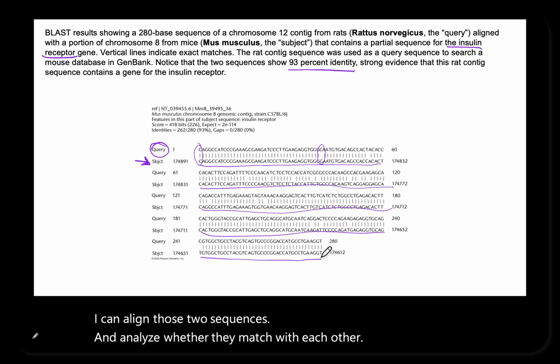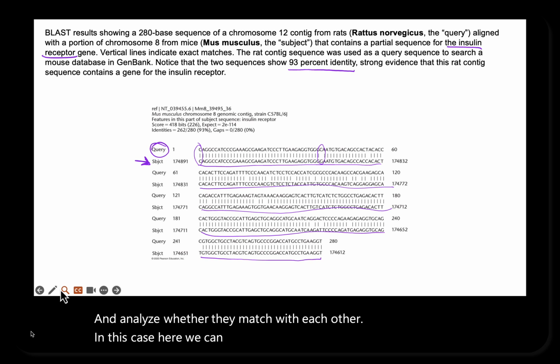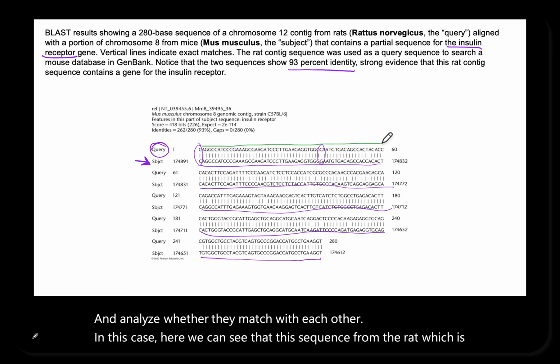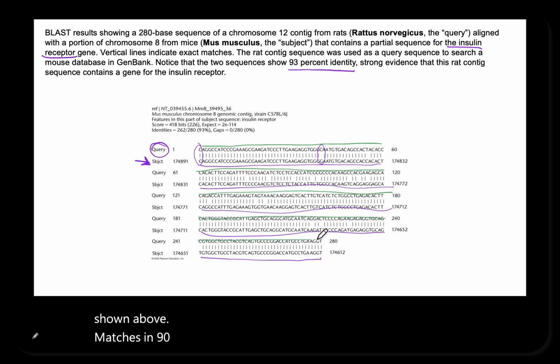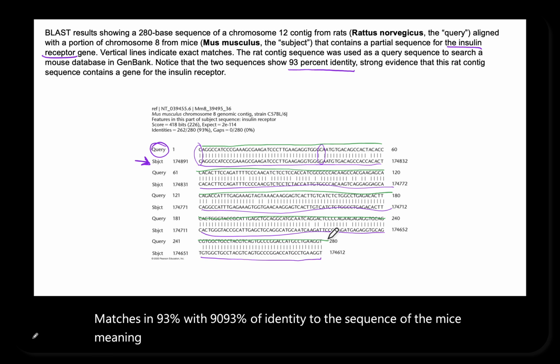In this case, we can see that the sequence from the rat, shown above here, matches with 93% identity to the sequence of the mouse, meaning that the gene I just sequenced might also be the gene for the insulin receptor.